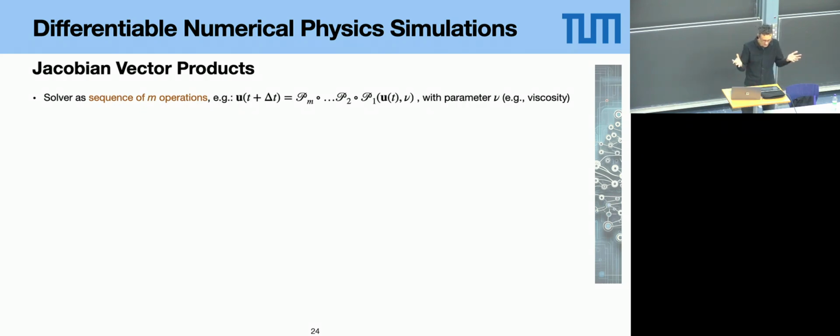Could actually be a convolution or a dense matrix multiplication or just an activation, or a matrix multiplication associated with the simulator. Any sequence of m steps, now keeping in mind that we want to go towards physics, called Pm to P1 here, applied to our state u.